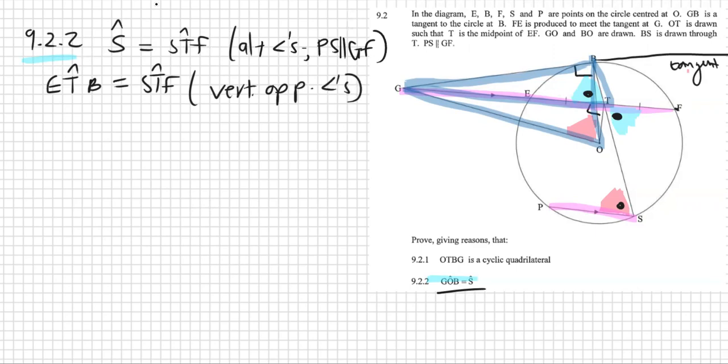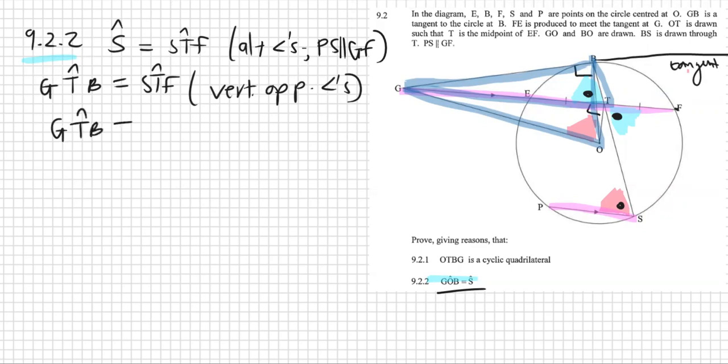Then what was my last? GTB. Why did I say ETB? Oh, ETB. Okay, if we made this a G, it would probably be a little bit clearer. GTB and ETB are the same thing.